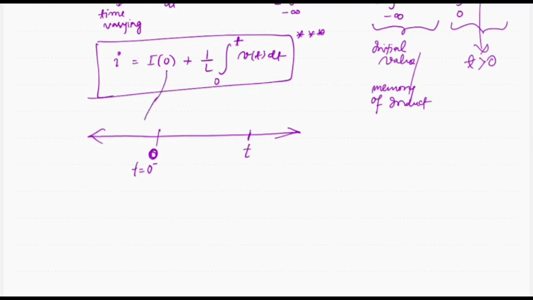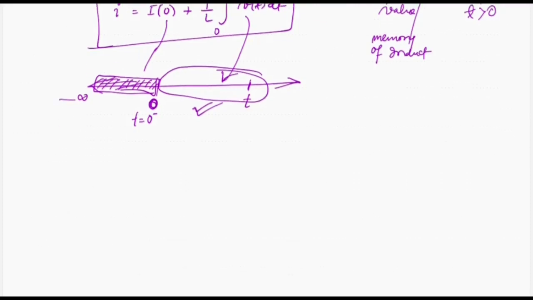So this current belongs to this part of the time axis, and consequently this one, from 0 to t, belongs to the applied voltage to the circuit.